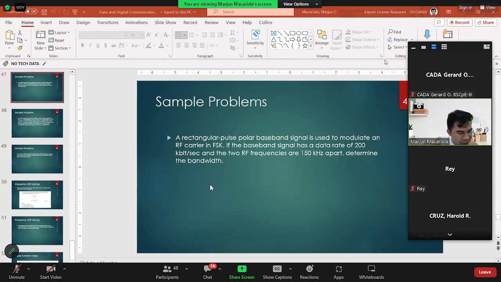So kapag when we're dealing with rectangular pulse, meron tayong additional formula na kailangan gamitin. So that is bandwidth. Ano ba yung formula?